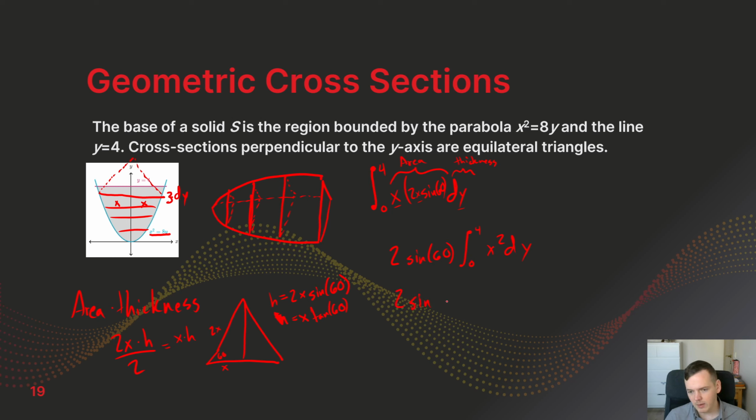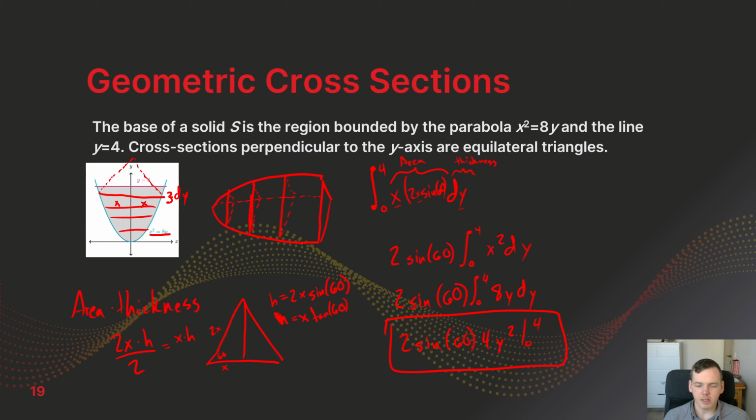So 2 sine of 60 integral from 0 to 4 of 8y dy. And then if you integrate that, you're going to get 2 sine 60 integral from 0 to 4 of 8y, so that'll be 4y squared from 0 to 4. And you can go through and do the rest of the math to get the number for that.